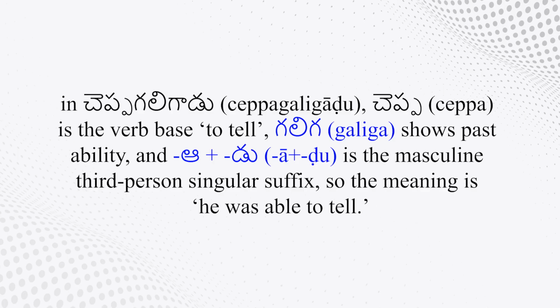For example, చెప్పగలిగాడు. చెప్ప is the verb base to tell, galiga shows past ability, and aadu is the masculine third person singular suffix. So the meaning is he was able to tell.